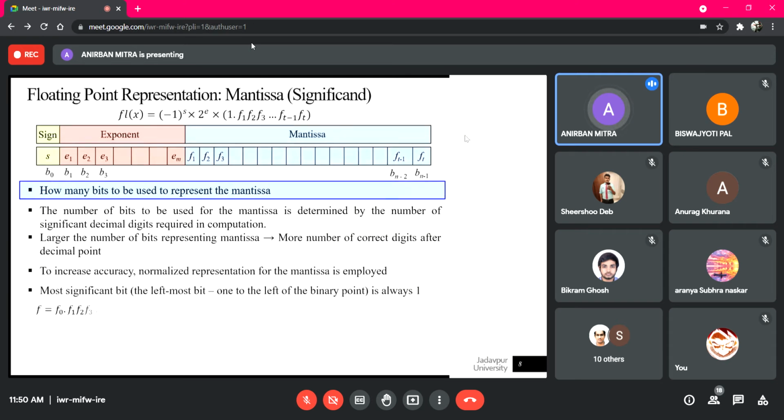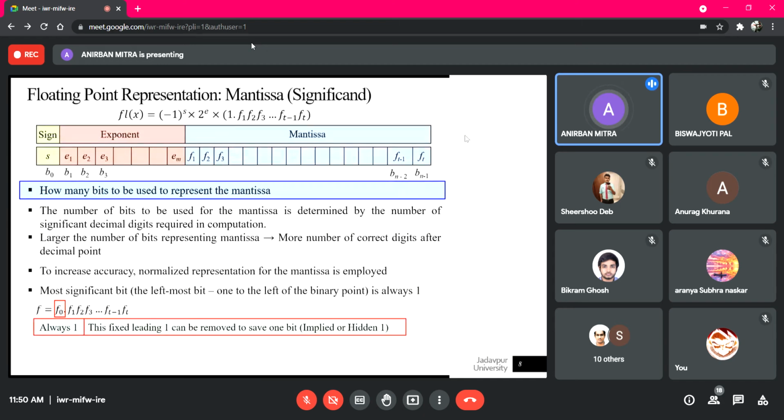And as this bit is always 1, the fixed leading one can be removed from the memory, and in doing so we have saved 1 bit. So we can increase the length of the fractional part of the mantissa by 1 bit, and that is the advantage of the implied or hidden 1.